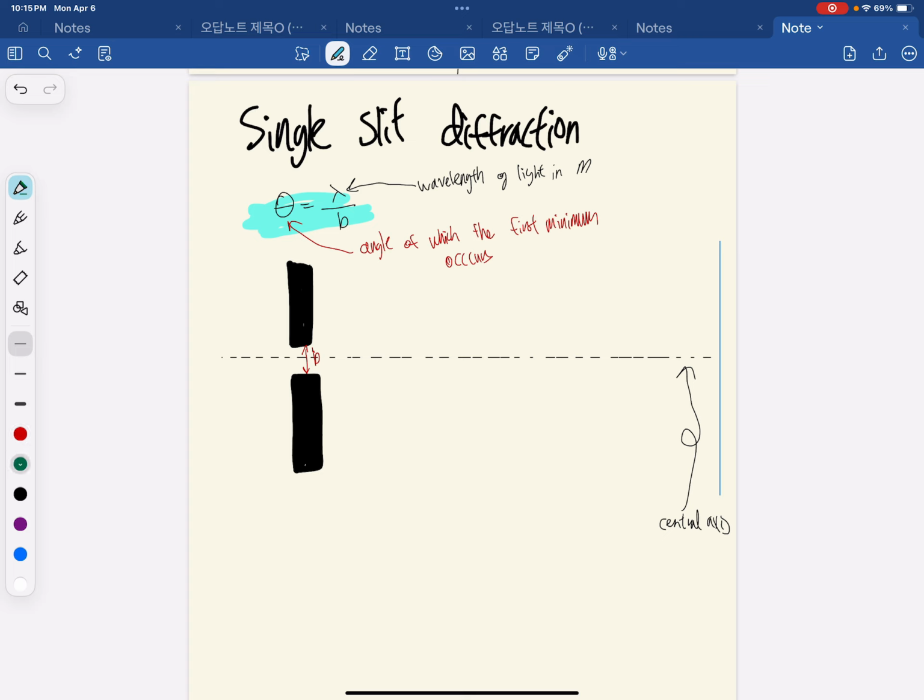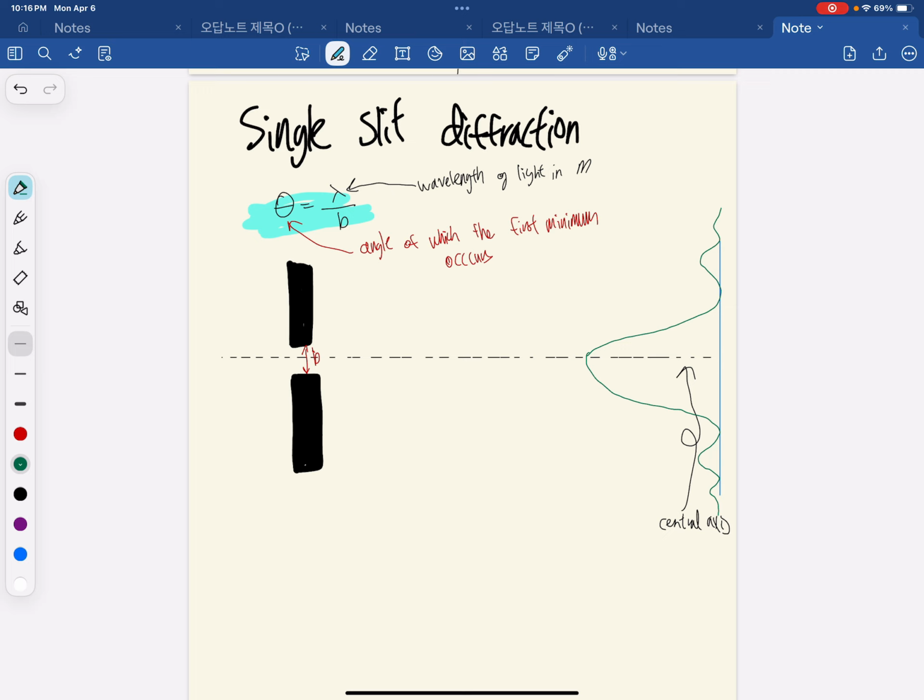Let's say that this light passes through a single slit, diffraction, and we see a pattern. I'm going to draw this pattern right here. This is the central axis, and at the central axis we're going to have a central maximum. And then there's going to be a minimum and a secondary maximum. It's going to tail out. Same for this side, it's supposed to be symmetric. There's a minimum, a secondary maximum, and then it's just going to tail out.